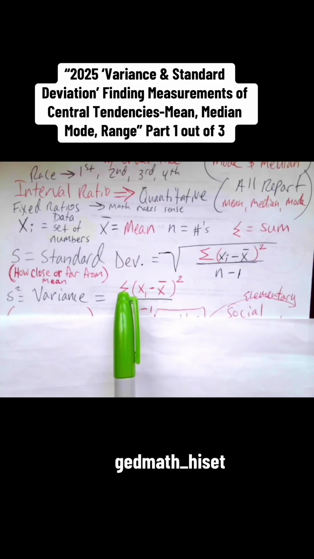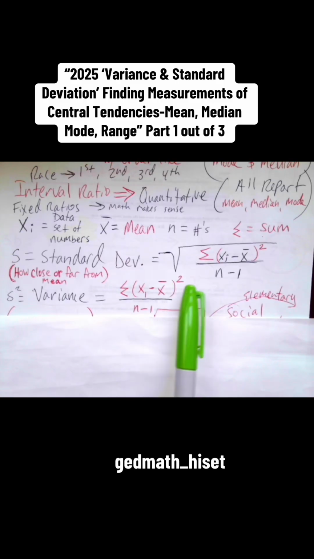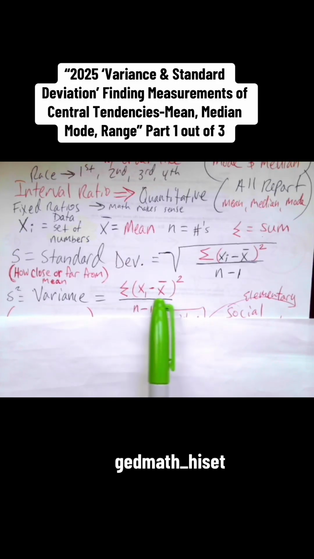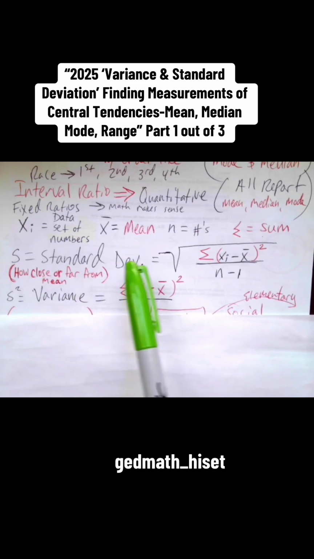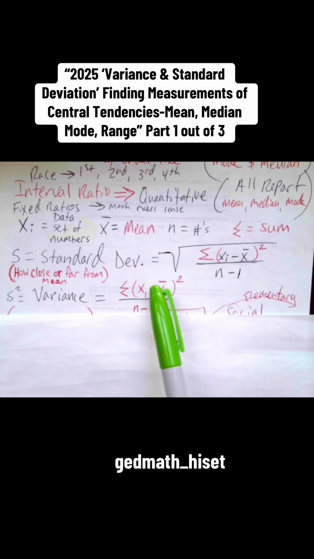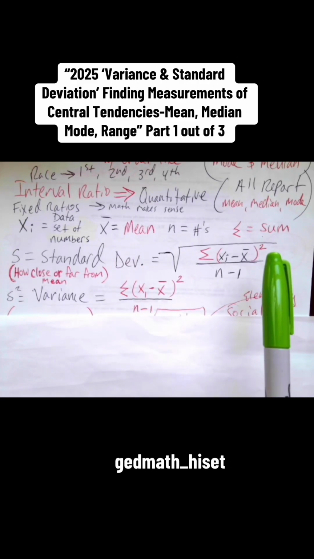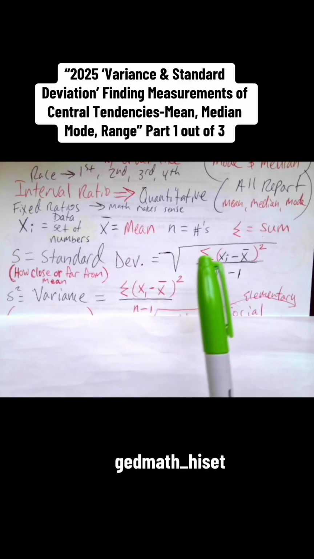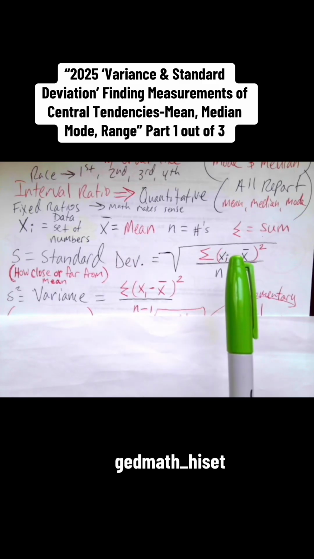And the formula is the sum of your data set minus the mean, raised to the second power, all divided by n, the number within your data set, minus 1. And the standard deviation is the square root of the variance. Essentially, that's the only difference between the two.